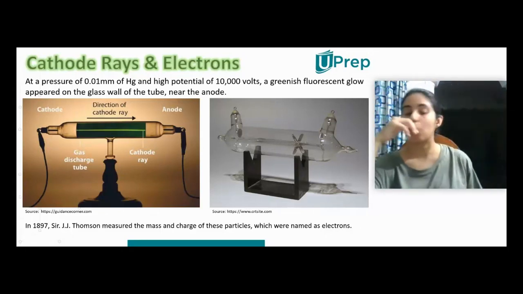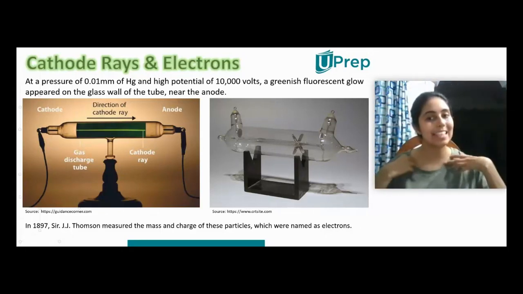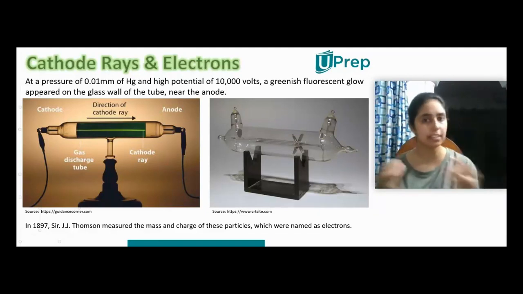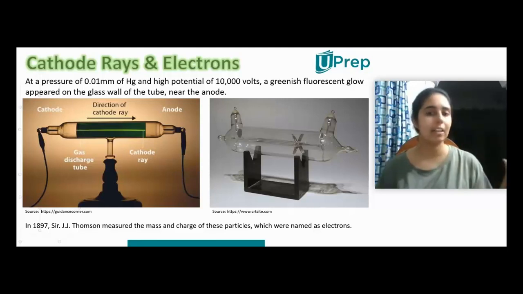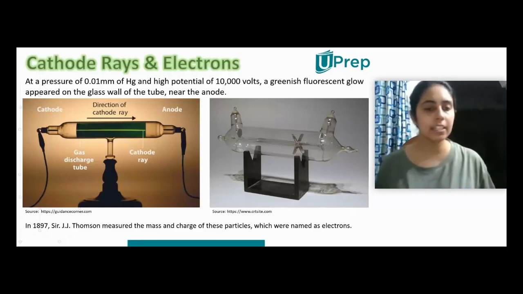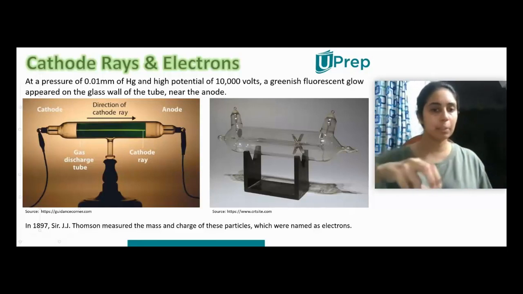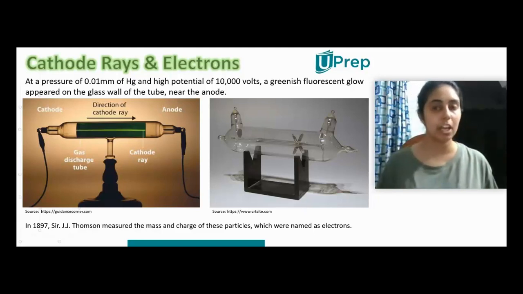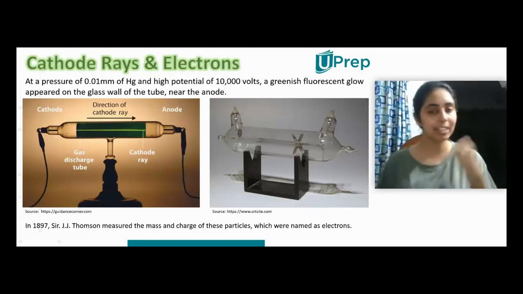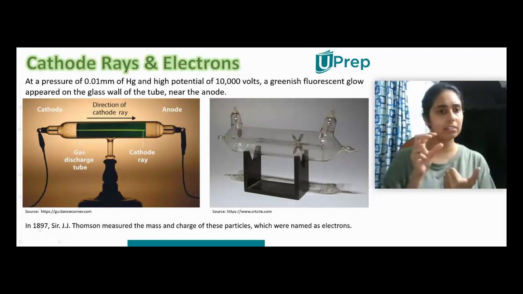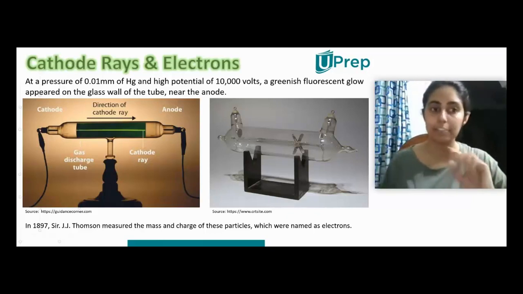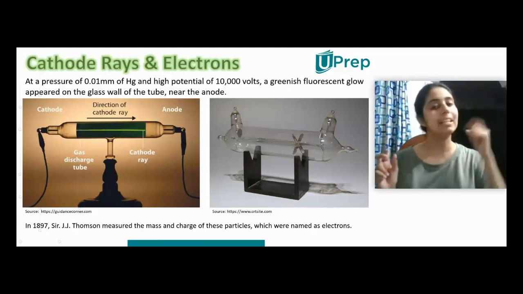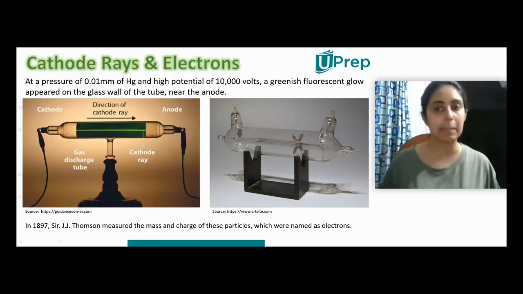All right, so what happens is when these cathode rays are passed, you see this green color light. But then they were like, okay, so the cathode rays are passing through the tube, when I see a green color light, let's put a magnet and this thing is shifting. But if you notice that when he put the laser light and he put a magnet, that laser light was not deflecting. Only the cathode rays were deflecting because of the magnet, but the laser light was not being deflected by the magnet.